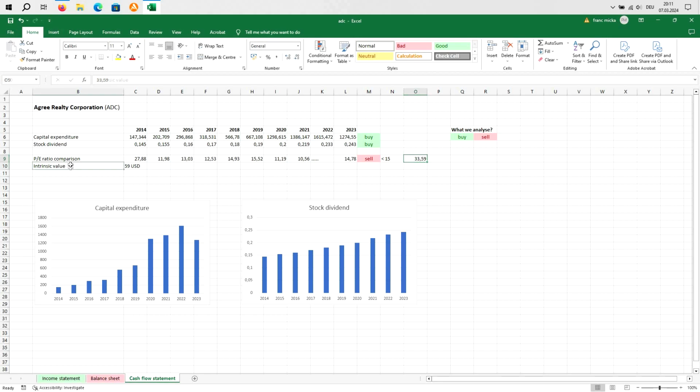And right now we come to the last metric that we will analyze, meaning intrinsic value. So this is something that I added, which helps us to see if the company is overvalued or undervalued based on Benjamin Graham's formula, which is introduced in The Intelligent Investor book, okay? And right now here you can see that when this company will have the price of almost $60, then it is considered as a fair price, okay?